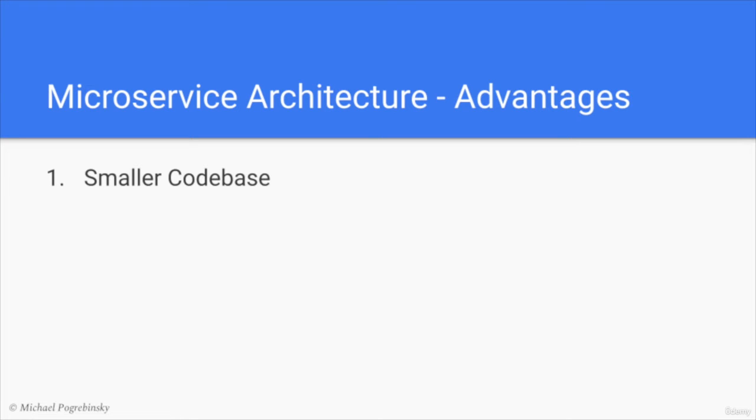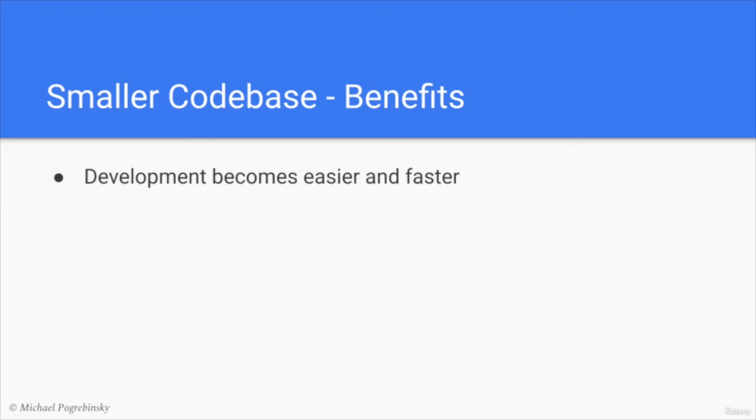The narrow scope of responsibility in each microservice makes the code base a lot smaller than what we had in the monolithic architecture. This provides us with a wide range of benefits. With a small code base, development just becomes a lot easier and faster. For example, now the code base loads instantaneously in our IDE.